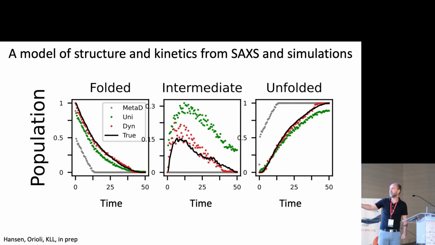We can see a nice drop in the population of the folded state, a nice increase in the population of the unfolded state with essentially a perfect fit. And then we can see this transient population and decrease again of this intermediate state that's populated at a relatively low level, but at a sufficient level that we can fish it out by using the simulations together with the SAXS data.